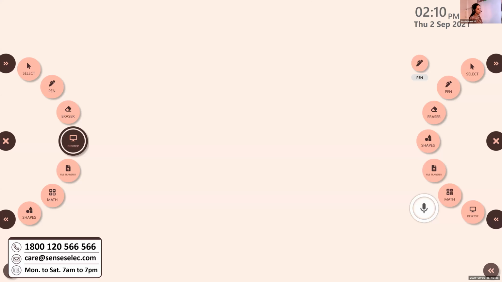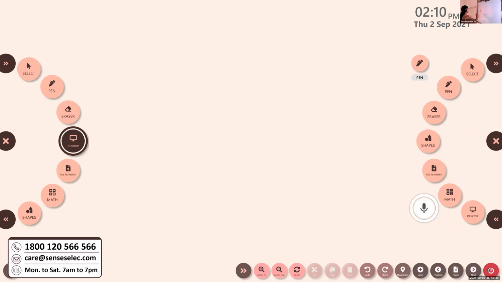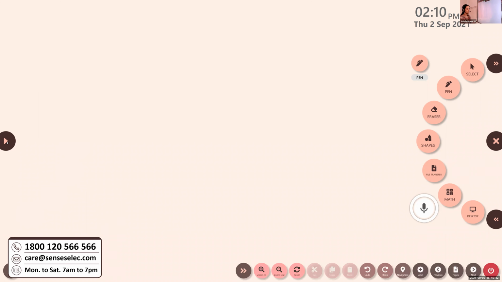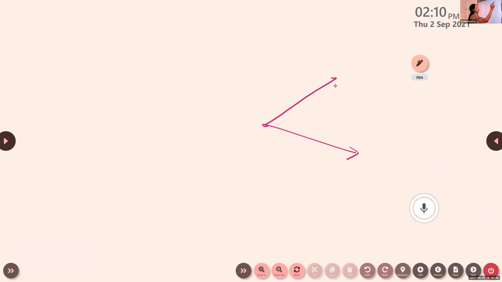First, we are going to start with angles. What does angle mean? When two rays originate from the same point, we get an angle. Two rays starting from a common point form an angle.